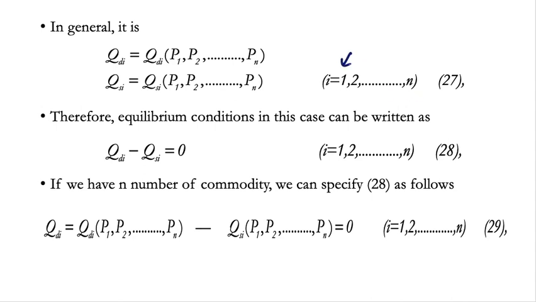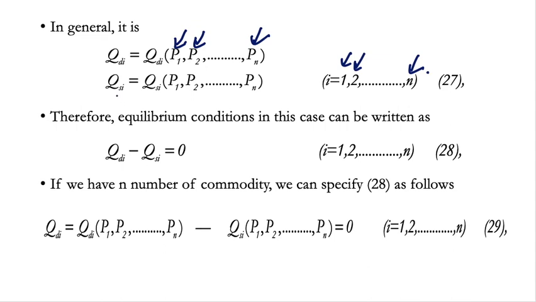This is the first commodity, second commodity, the last commodity called n commodity. So the quantity demanded equation would be, quantity demanded for commodity i that depends on the price of the first commodity, the second commodity until the last commodity. That's how we read it. What about quantity supply?